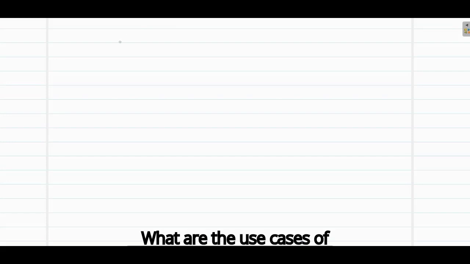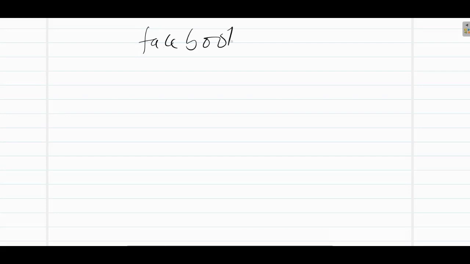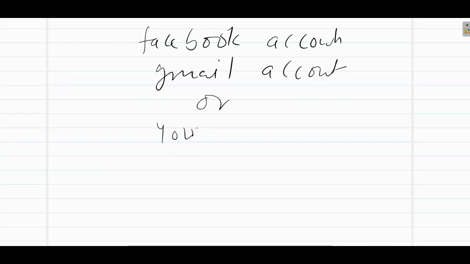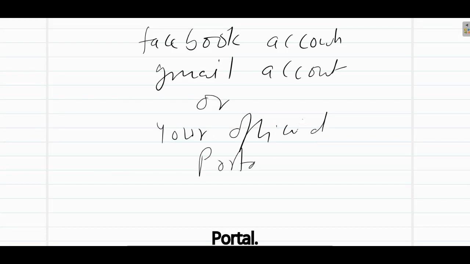What are the use cases of authentication? Use cases of authentication are like when you are logging in to your Facebook account, Gmail account, or your official portal.